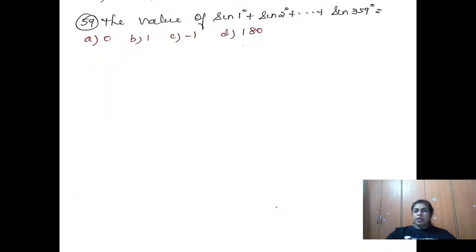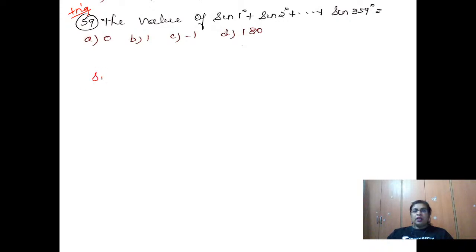Okay, next, coming to the 59th question. The value of sine 1 degree plus sine 2 degree plus dot dot dot sine 359 degree. An easy question from the trigonometry chapter, first year portion.